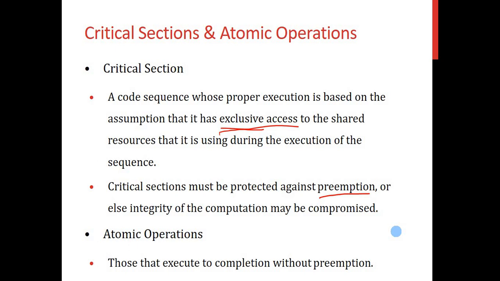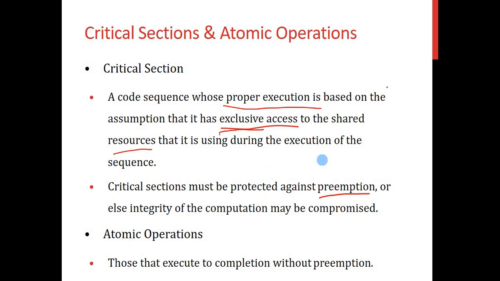Now that leads us to a very important aspect of data protection, where we need to ensure two things. One is that data integrity must always be there. The other thing is what we call a critical section of code, where proper execution is based on the assumption that you have exclusive access to the shared resources during the execution of a sequence.